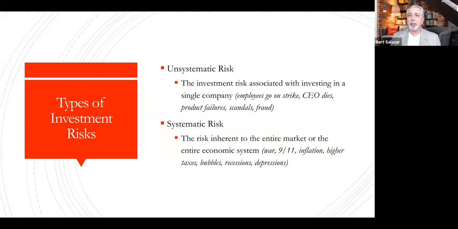Now, if you remember 2008, the real estate market or the dot-com, where the entire market and all of its sectors collapsed at the same time. Obviously wars, 9/11, inflation, higher taxes, bubbles, which is what I just went through a couple of seconds ago, recessions, depressions, all of these things can have a negative impact.